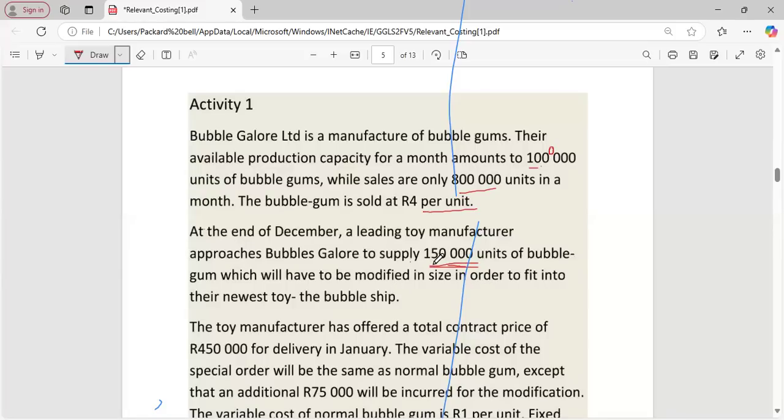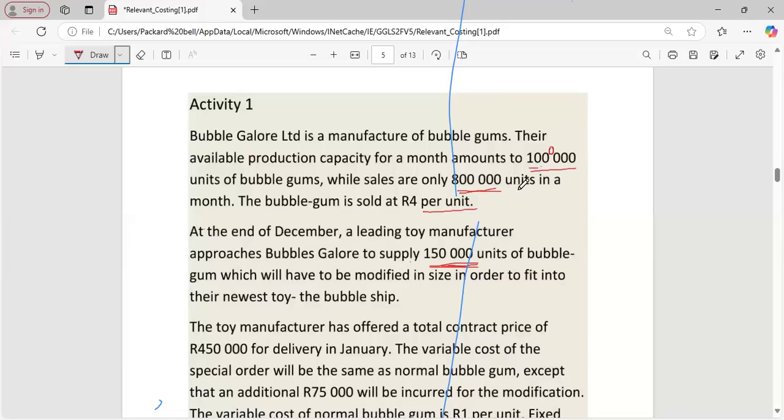So there is a special order of 150 units. And check here also that 800 units are the ones they are currently selling, and our capacity is 1 million.